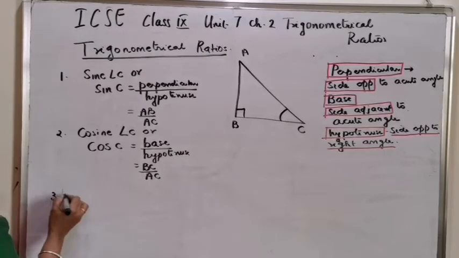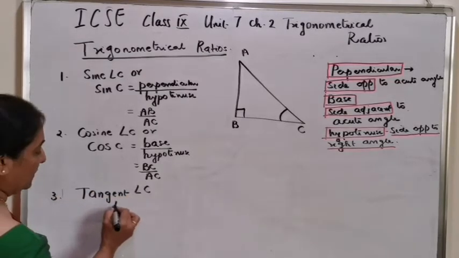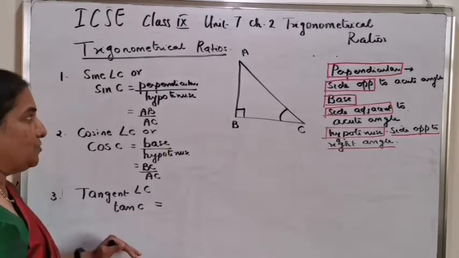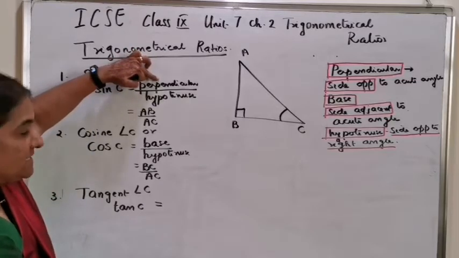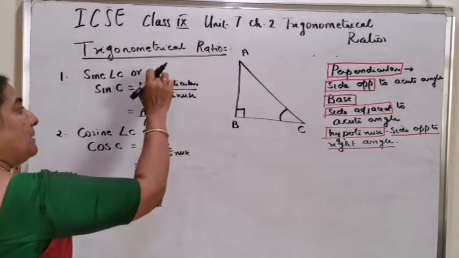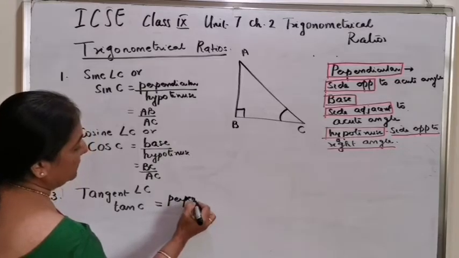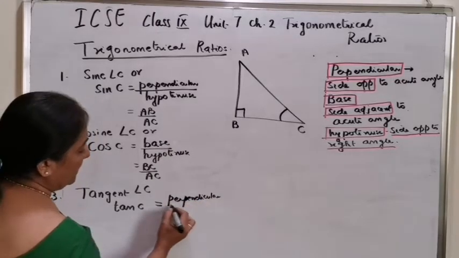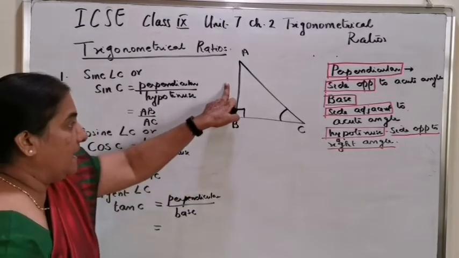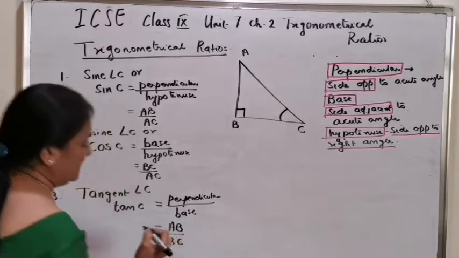The third ratio is tangent angle C, or tan C, which is the ratio of the opposite side by adjacent side, which is also equivalent to perpendicular by base. And in the figure it is AB by BC.